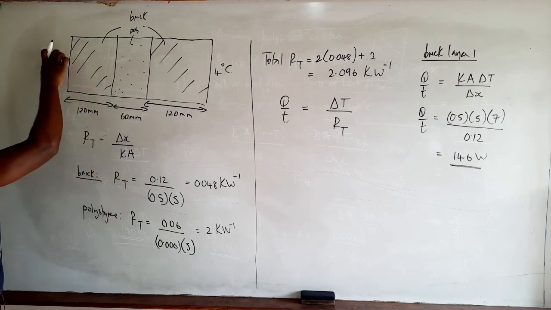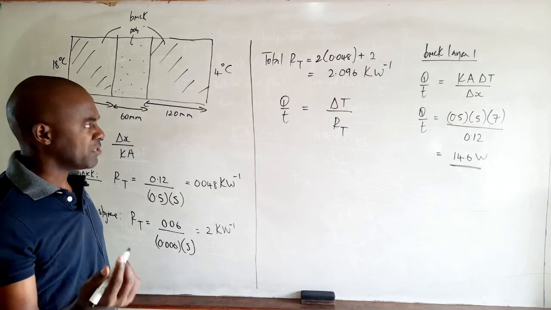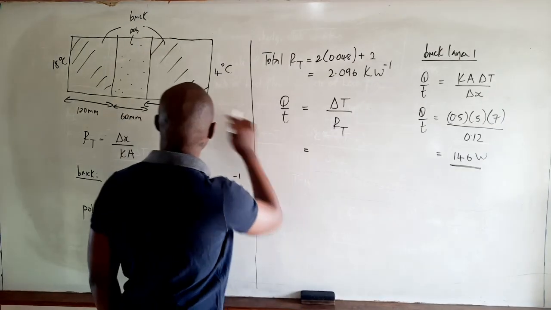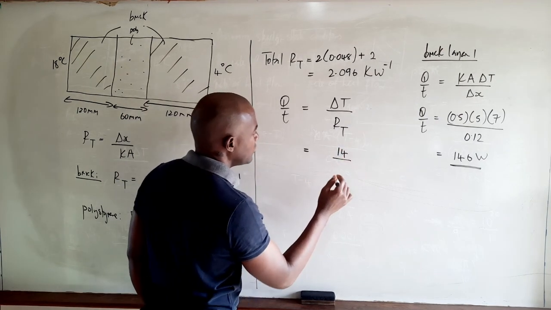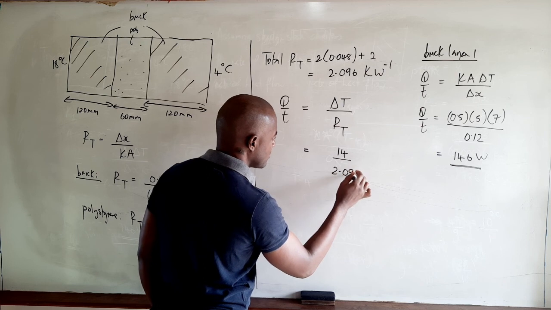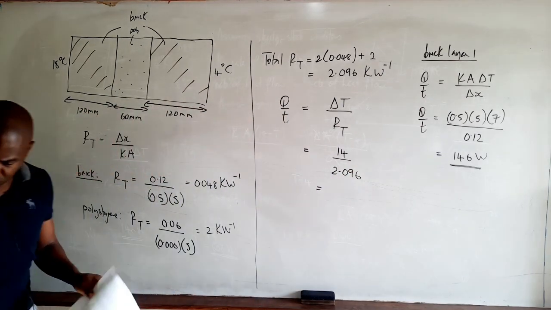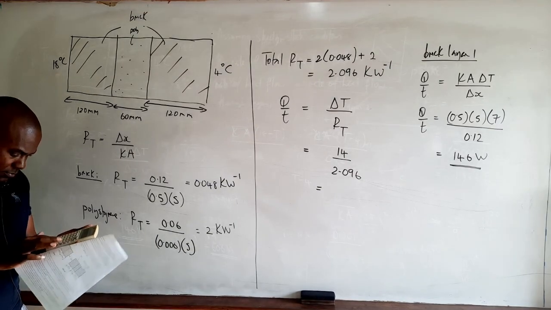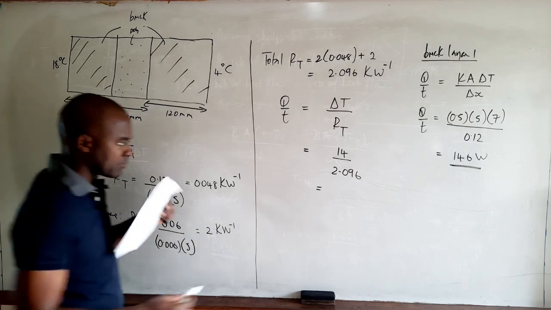We just need to know the inner and the outer temperature, or at least the change in temperature, delta T, or the temperature difference between the 2 sides. And so this basically gives us now 18 minus 4 is 14 divided by 2.096, which is approximately 6.7 watts.